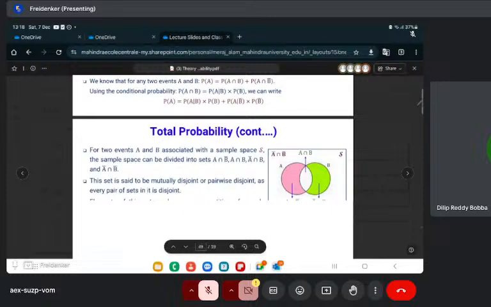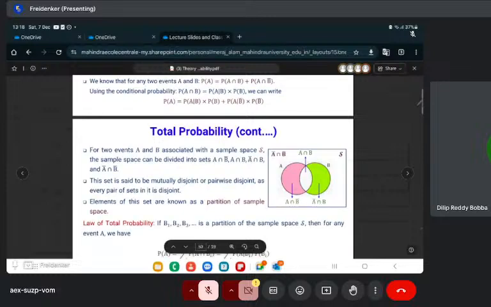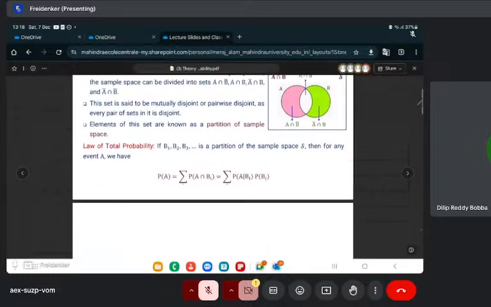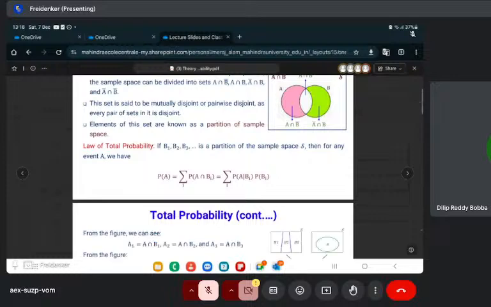We'll just look at the definition. Maybe it will make sense. If B1, B2, B3 are partitions, if this entire thing is a partition of the sample space S, then for any event A, we have probability of A equal to, okay, fine. The picture is here only.